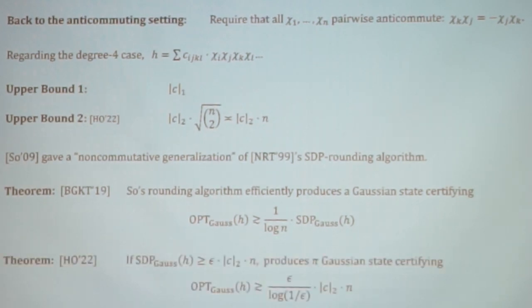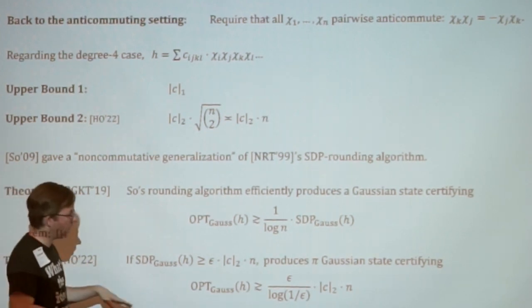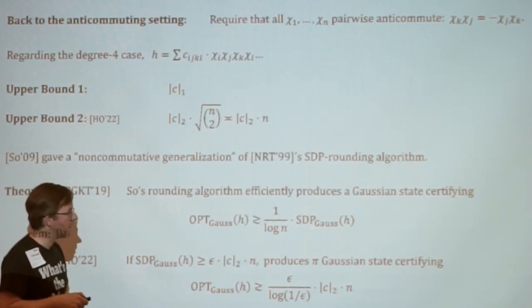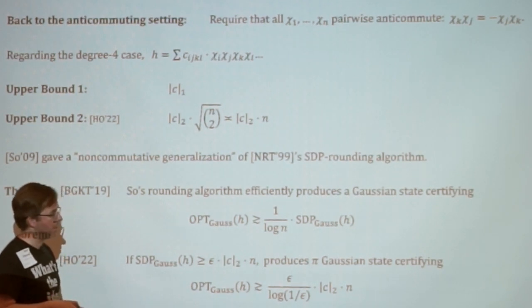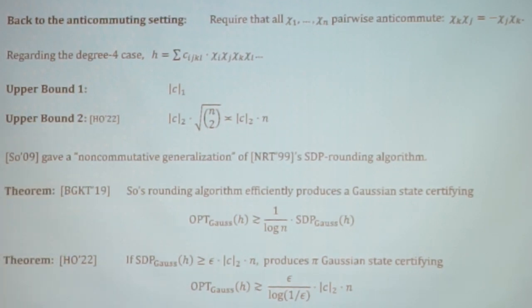And you can similarly generalize this in the style of the Charikar-Wirth paper, so that if this SDP relaxation is close to this upper bound, like an epsilon fraction of this upper bound, you can get an actual Gaussian state that's epsilon over log 1 over epsilon. So it's a good approximation factor for this subproblem of not full-on optimization, but optimization over this nice ansatz of Gaussian states.